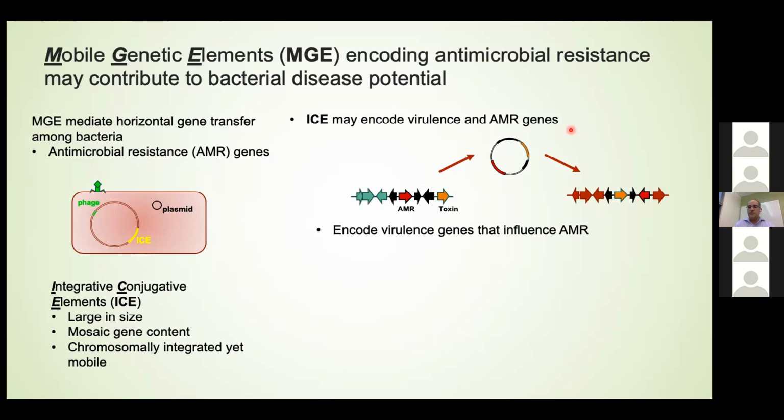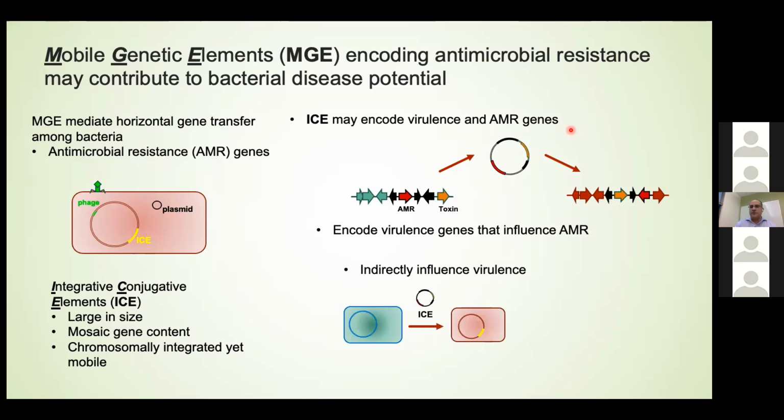They can also encode virulence genes that influence antimicrobial resistance directly, such as the case of siderophores or membrane transporters that are required for virulence in certain bacteria, but also allow the bacteria to efflux antibiotics.